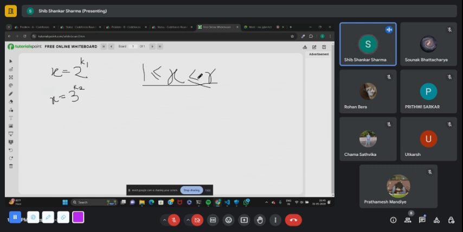If we express x in terms of the powers of 2, or in terms of powers of 3, let's rather think of it in terms of multiple factors. Let's say it is power of 2's number of times, and then there is power of 3. These are the basic prime factors of x.